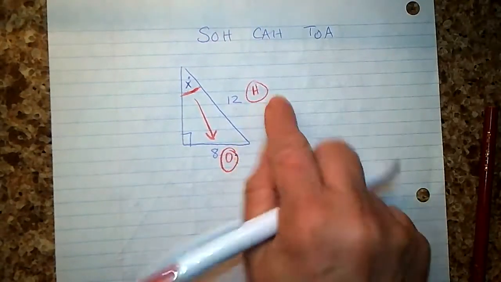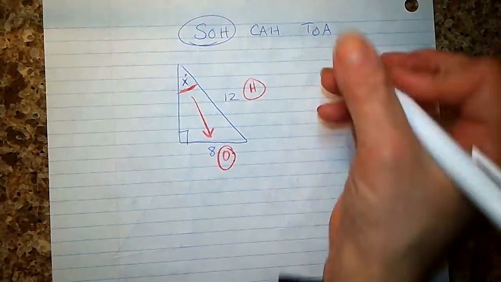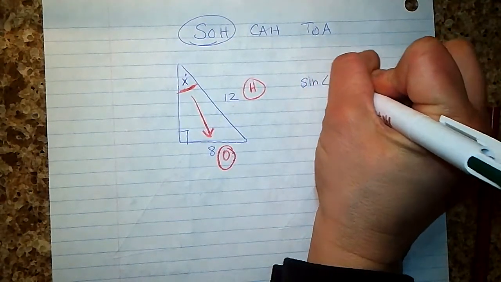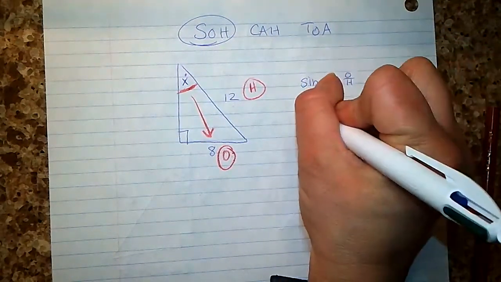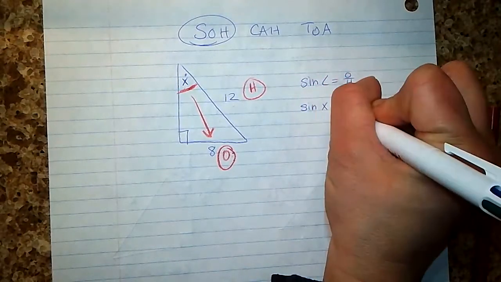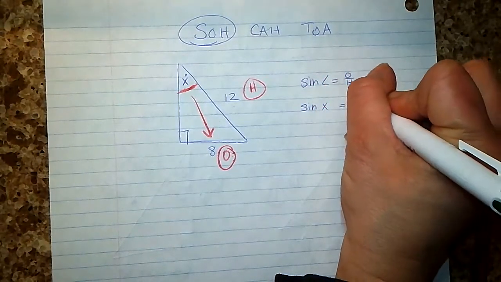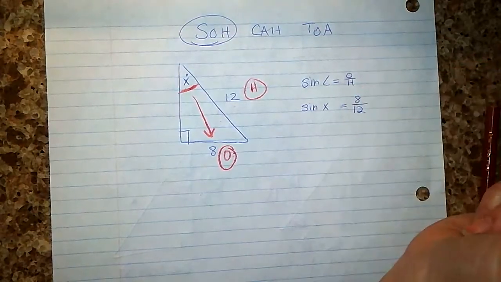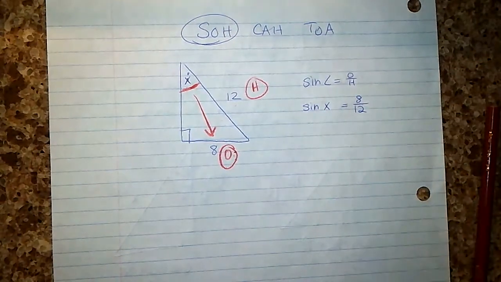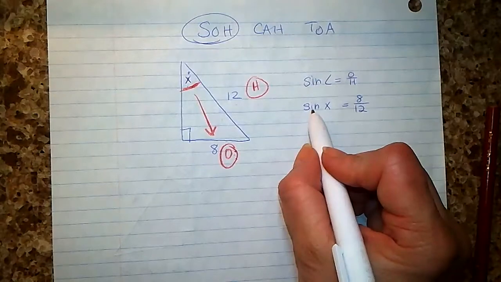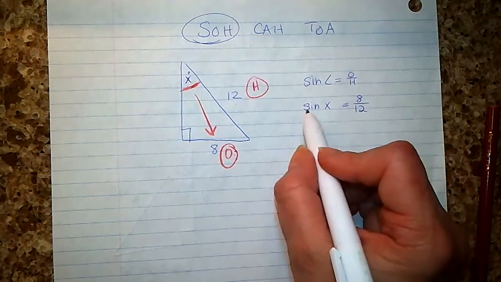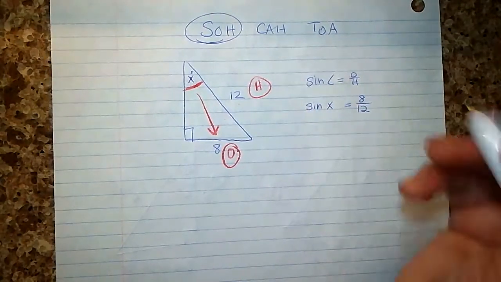So the O and the H, we're going to use sine. The sine of the angle is equal to the opposite over the hypotenuse. So the sine of x equals the opposite 8 over the hypotenuse of 12. We learned yesterday that when we're looking for an angle, we move that sine, or whatever the trig function is, over here and make it to the -1.